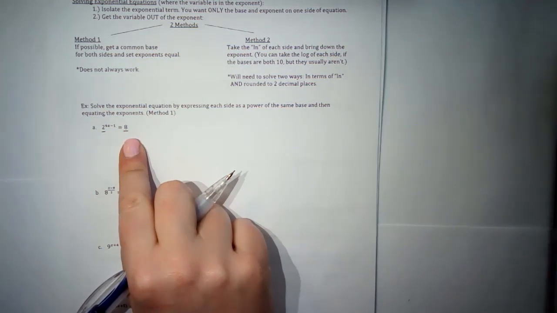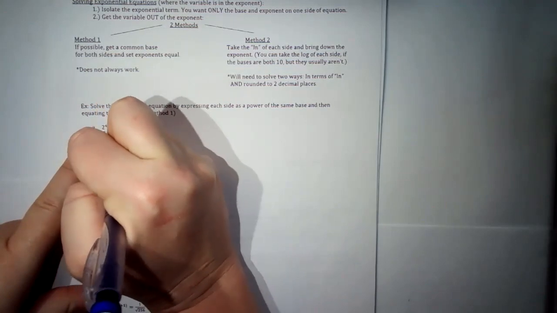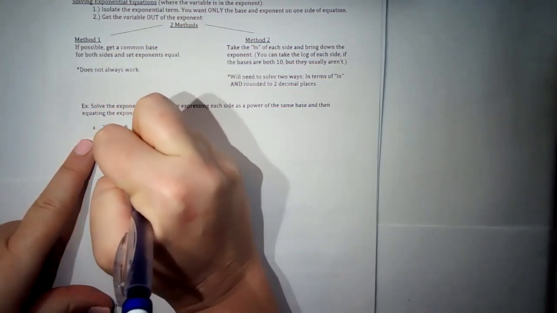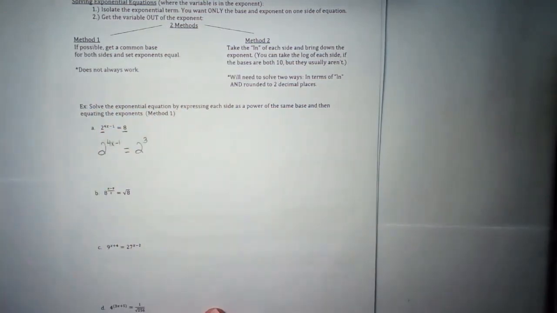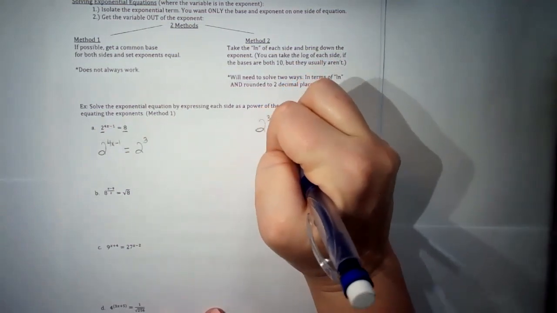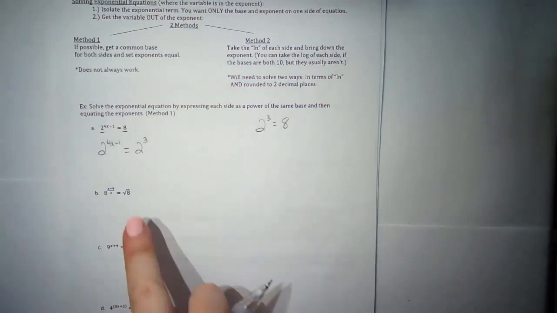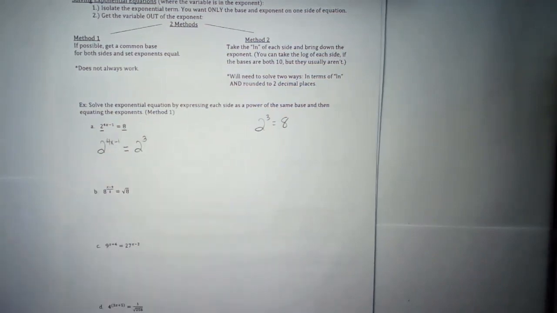2 to the second is 4, but 2 to the third is 8, right? So I can rewrite the left and I can rewrite the right because 2 to the third is 8. So I just replaced it. So this is method 1. What we did is we thought really long and hard about how to make each side have the same base.